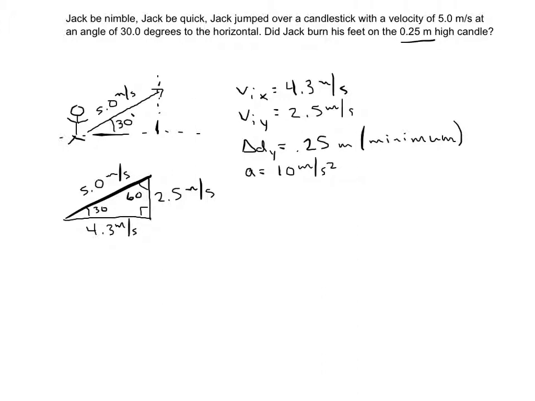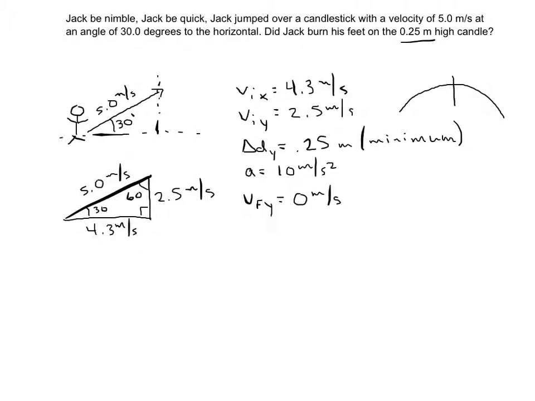And then we also know, and this is important, at the top of his jump, at the peak of his arc, at this point right here, his VF, or his final velocity, because we're just going to look at half the jump, VF in the y direction equals 0 meters per second.